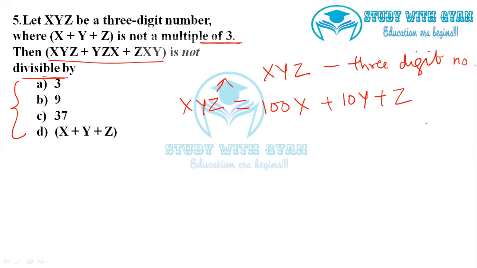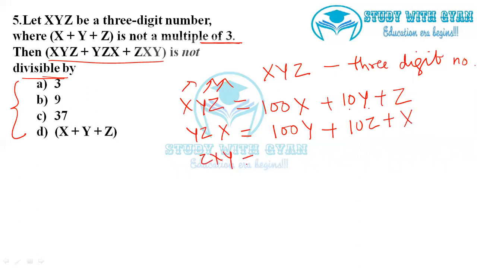Unit place, so 1 into z, tens place, 10 into y, and x in the 100 place, so 100 into x. In the similar manner, you can write yzx as 100y plus 10z plus x, and zxy as 100z plus 10x plus y.